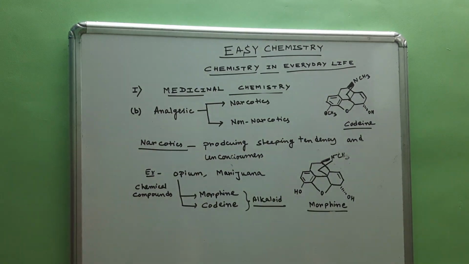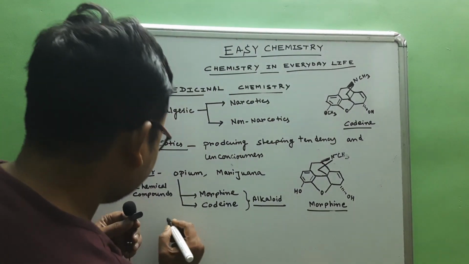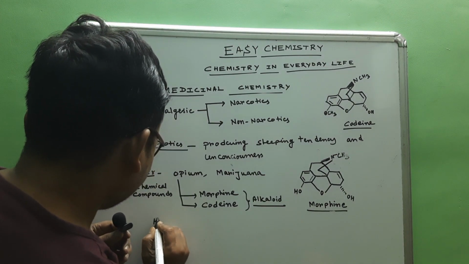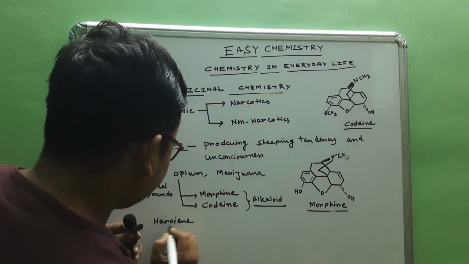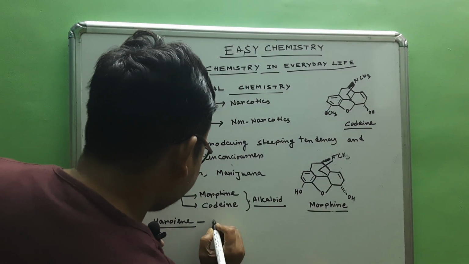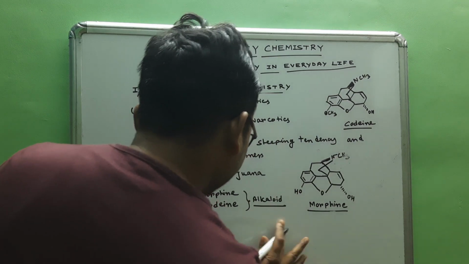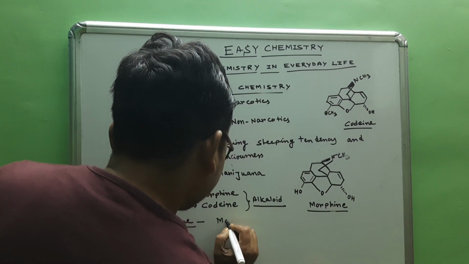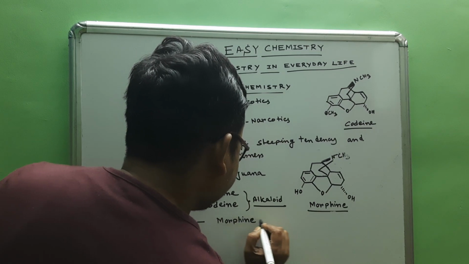So what is the chemical name of heroin? Heroin is morphine diacetate.